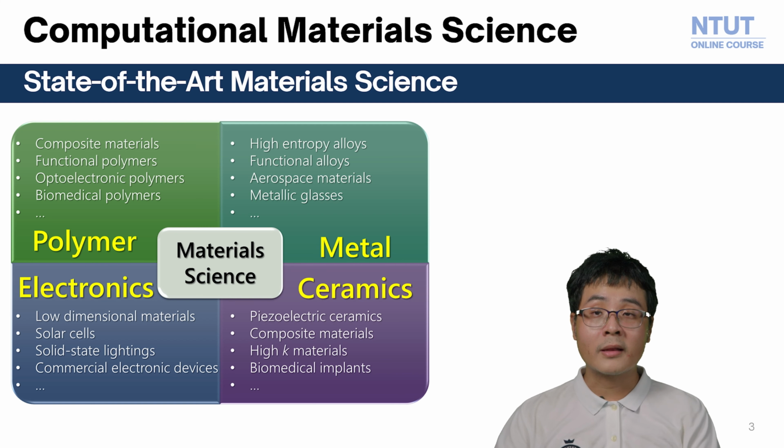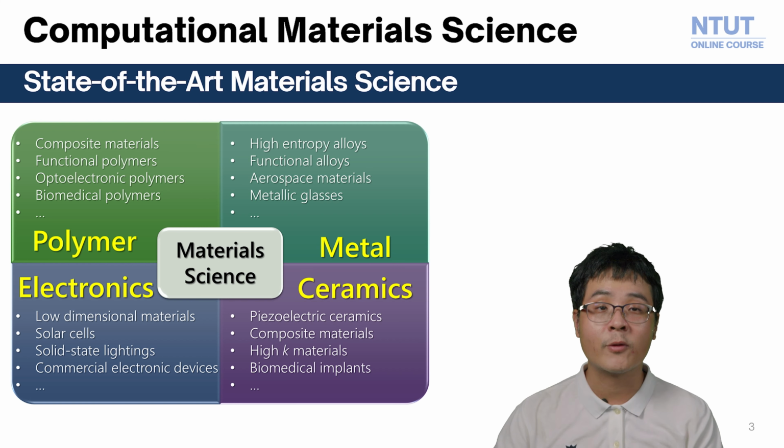It can be treated as a part of composite materials, or we use it as high K materials in semiconductor devices. And in some cases, we will treat it as biomedical material, such as artificial bones in our body.